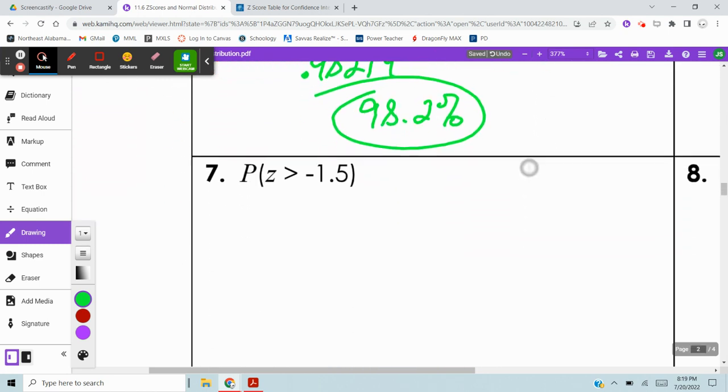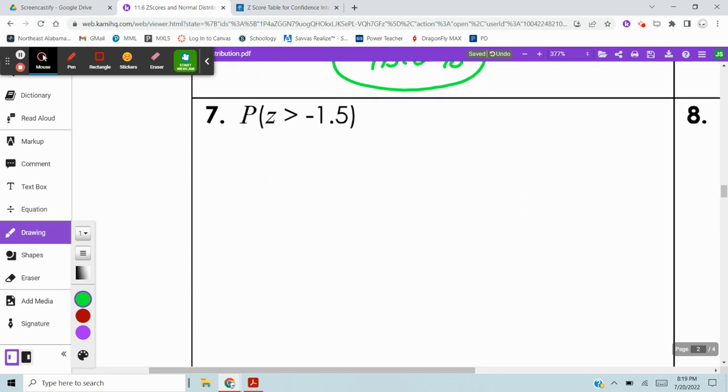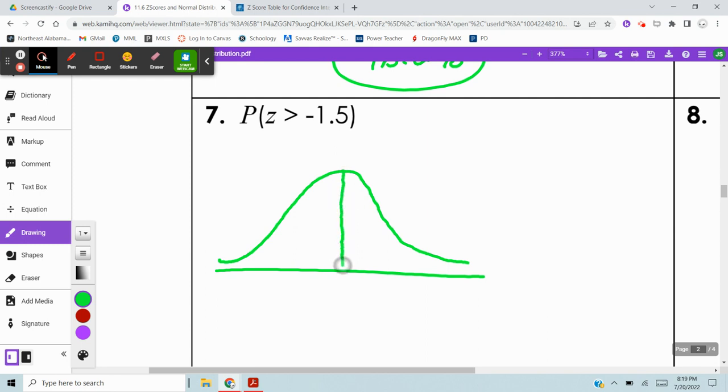So let's try one more with just a z-score before we change it over. The probability that our z-score is greater than negative 1.5. So negative 1.5, we have our 0, our mean, right in the middle. Negative 1 would be here, and negative 2 would be here. So we're somewhere right in the middle.